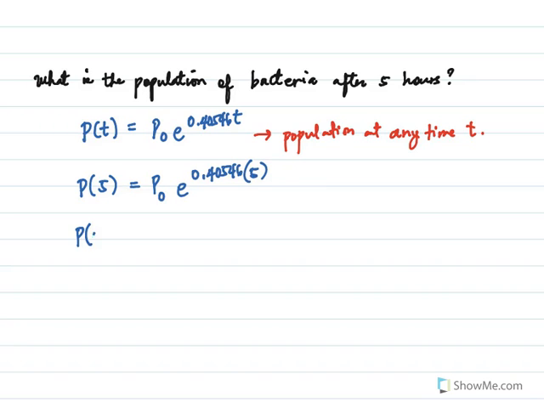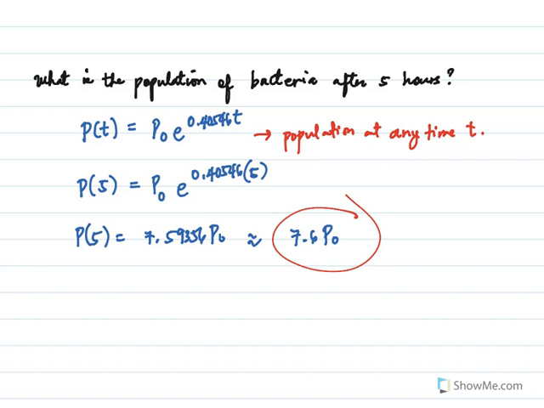Or that's P of 5 equals 7.59356 P naught, or simply approximately 7.6 P naught. And what does this tell us? After 5 hours, the population of the culture is 7.6 times whatever is the original.